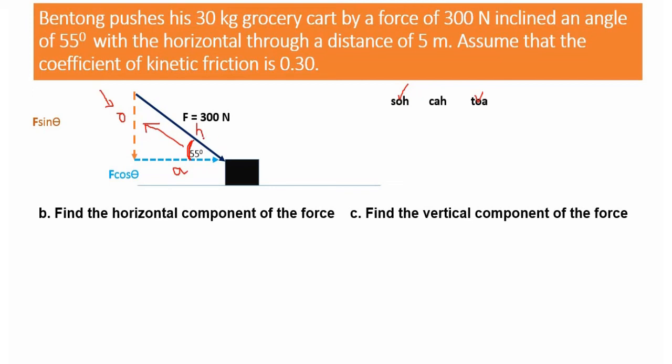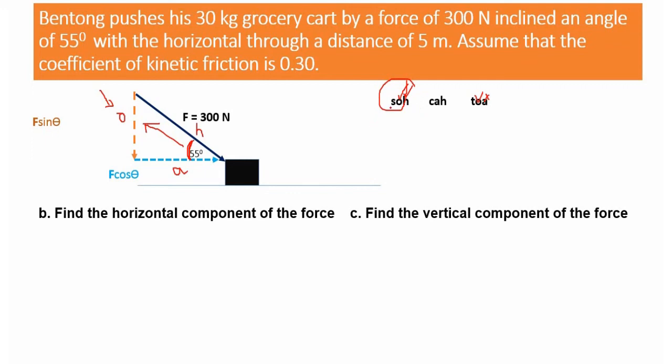In this case, the hypotenuse has a value, which is the 300 Newton. The adjacent here doesn't have a value, so we will have to use this one, so H. So we're going to look for H and O here. Okay, so the mnemonic that has two checks, here it doesn't have a value for adjacent, so if it has two checks, then we will use this one.